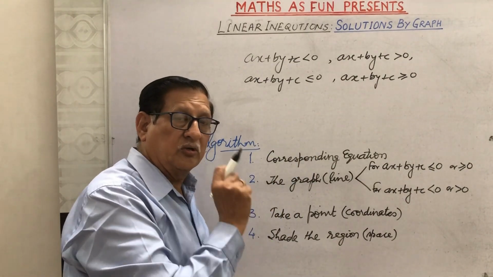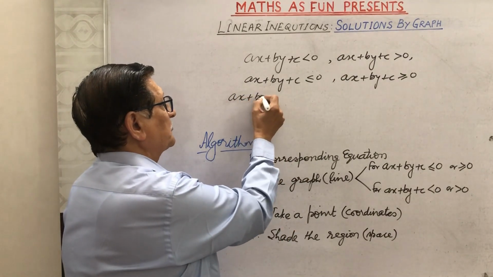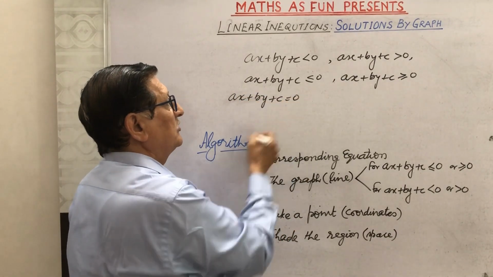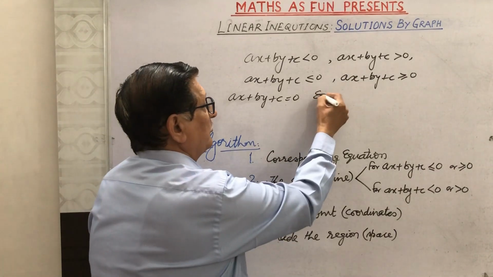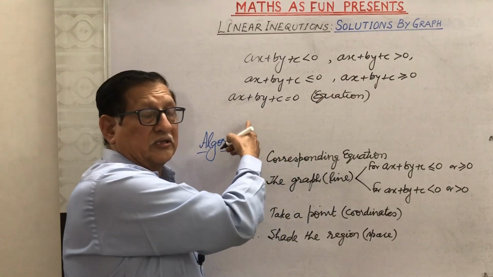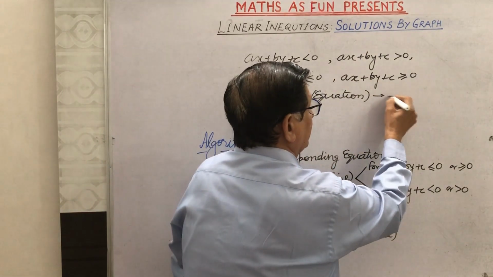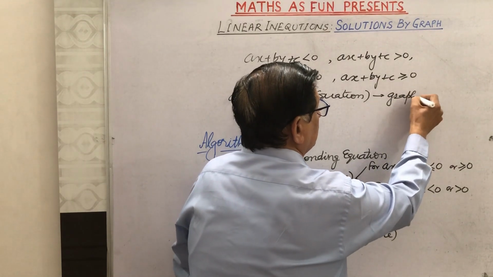We know about the linear equation in two variables, that is ax plus by plus c equal to 0. This is an equation, and we know that if we draw the graph of it, then that is a straight line.